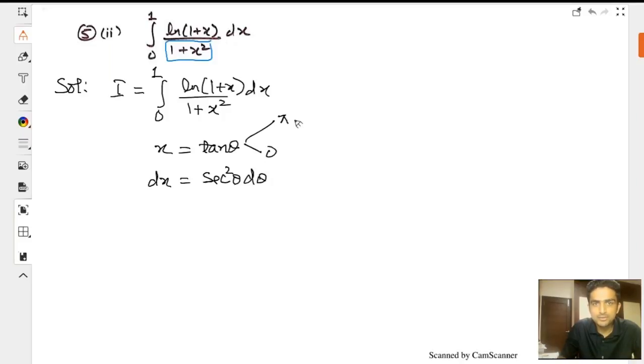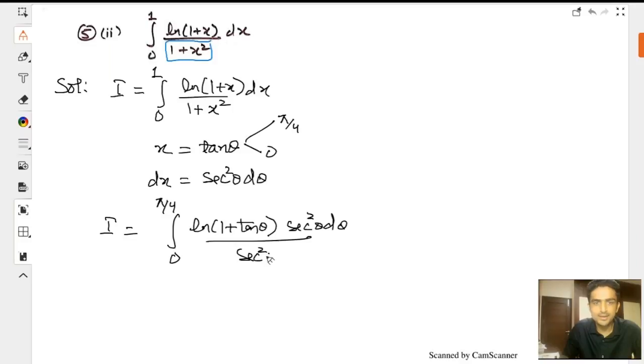Certainly new limits are 0 to pi by 4. So my integral becomes 0 to pi by 4 ln of 1 plus tan theta secant square theta d theta upon secant square theta, and try to realize it is the same question which we just did.